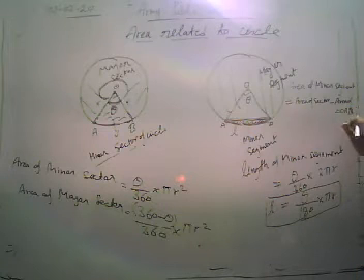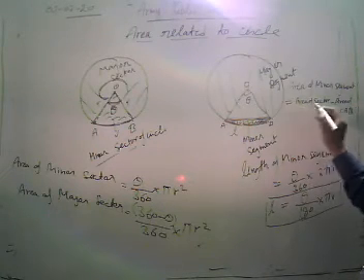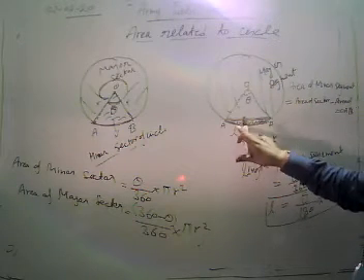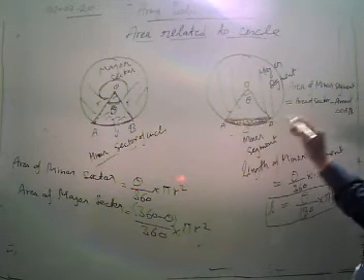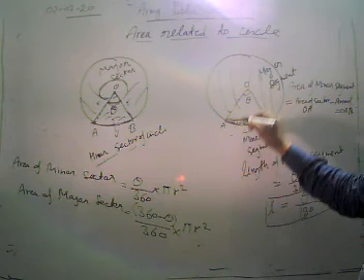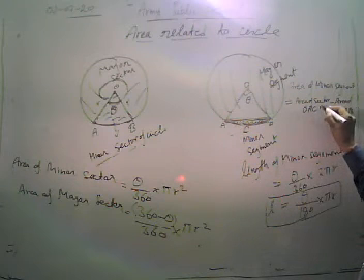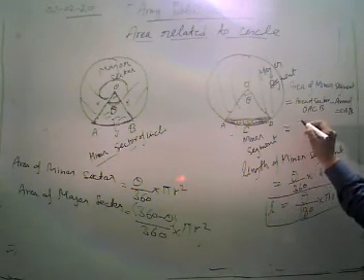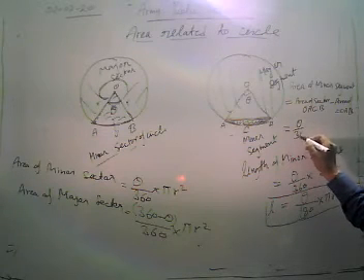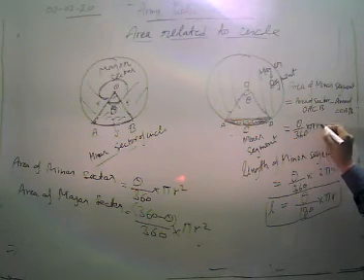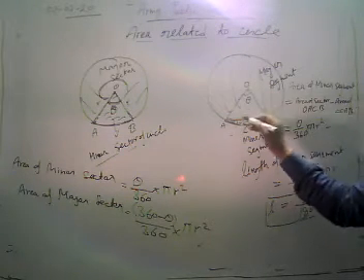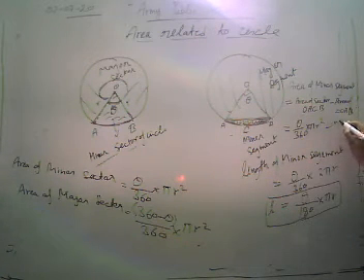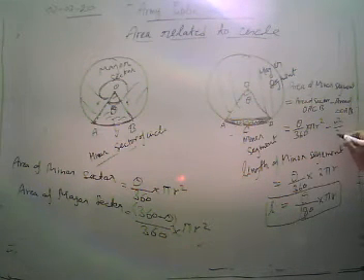You can write your area of sector OACB minus area of triangle OAB. Then what is area of sector? Theta upon 360 into pi r square. And by using trigonometry, when you find out this area of triangle, what do we get? 1 by 2 r into r sin theta. It means r square by 2 sin theta.